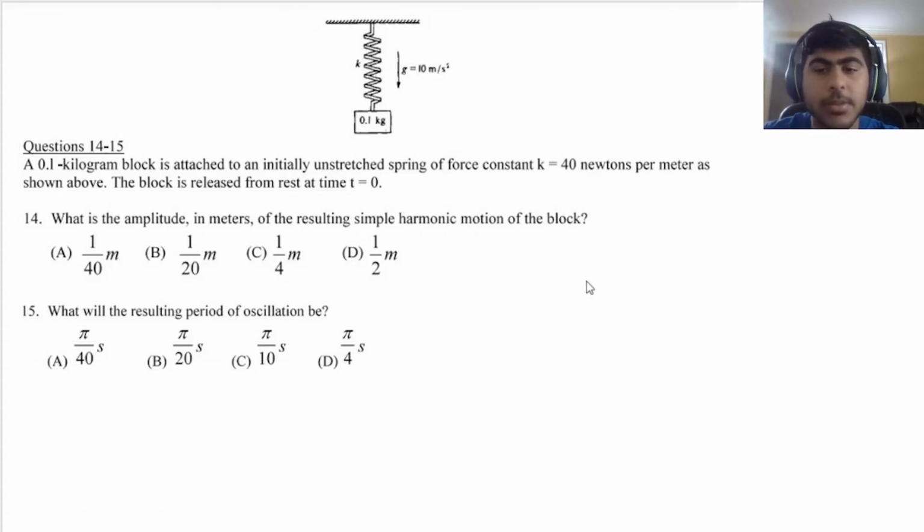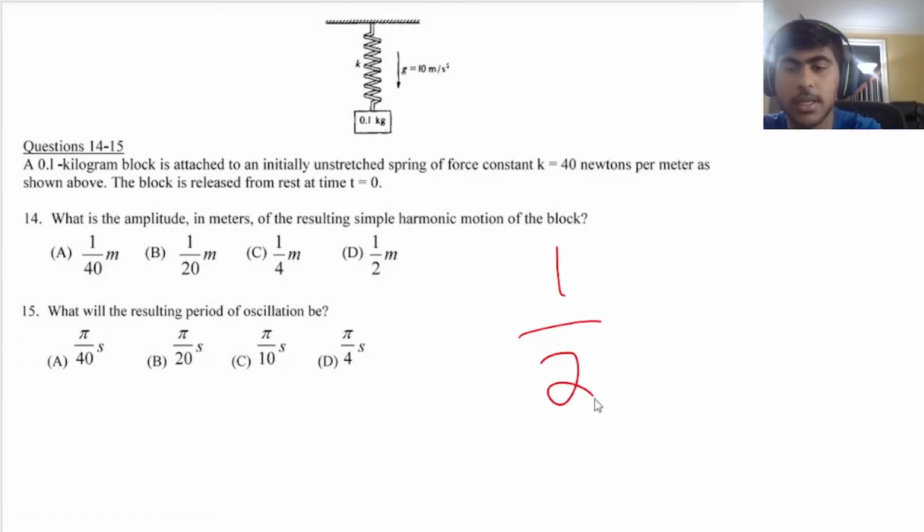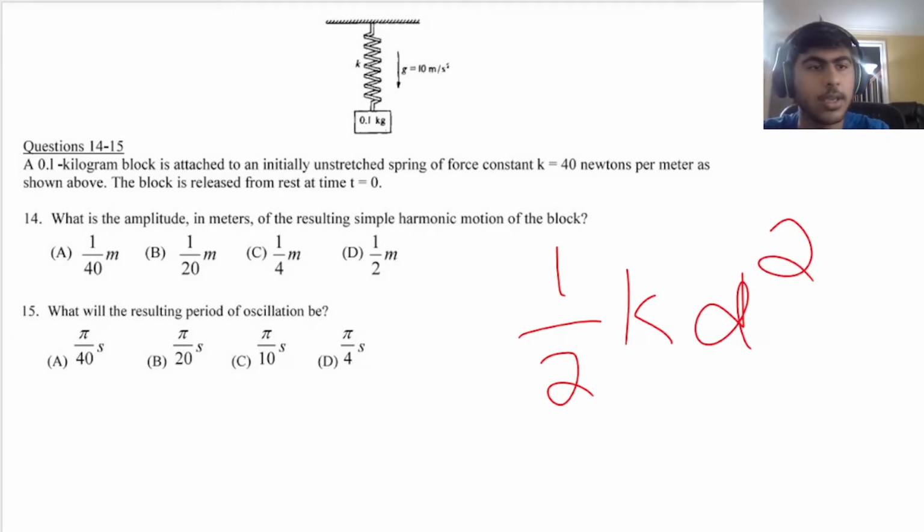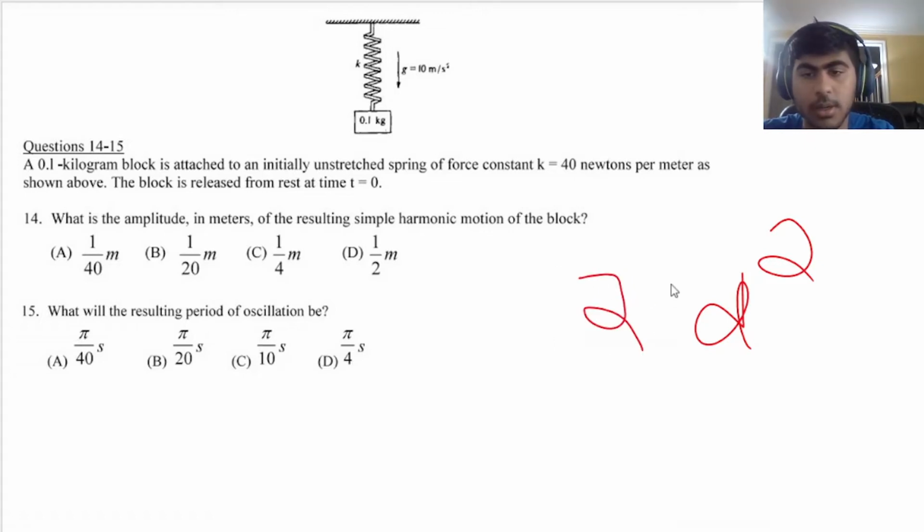At maximum displacement, the spring energy is going to be 1/2 k d squared. And since k is 40, this is just going to end up being 1/2 times 40, which is 20 d squared. And that's going to equal the amount of kinetic energy. Actually, no, it's not. It's going to equal the amount of gravitational potential energy right here, when it's this far off the ground.